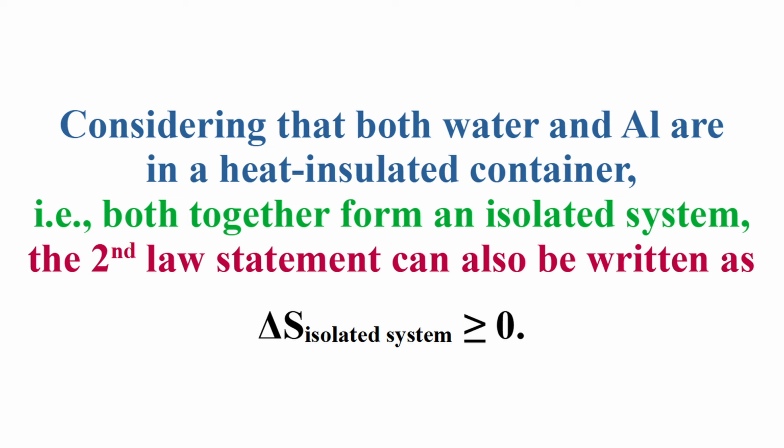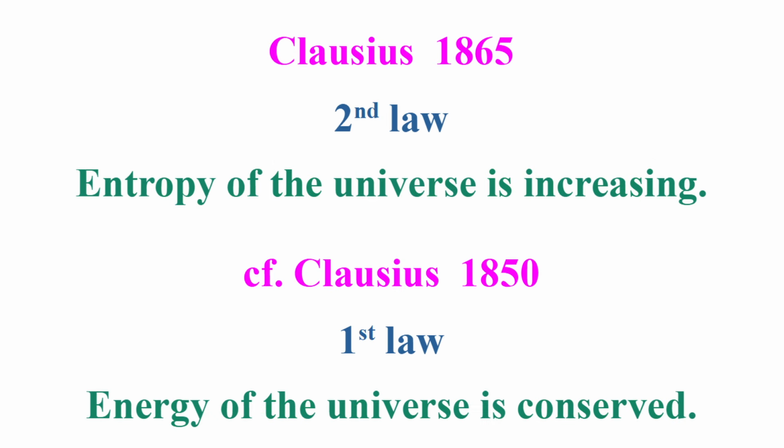In any isolated system, energy stays constant and hence a spontaneous process can ever take place only if the entropy of the system can thereby increase. Otherwise, it would never.